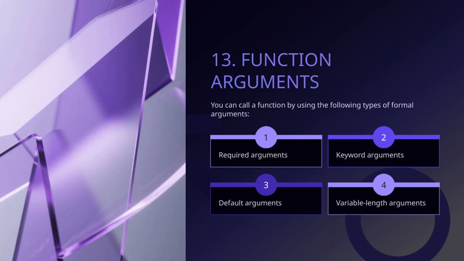Next up are keyword arguments, where you explicitly specify the parameter name along with its value, making your code more readable and flexible. Lastly, we have variable length arguments, which allow you to pass an arbitrary number of arguments to a function, useful when you're unsure how many inputs you'll need in advance. These different argument types give you a lot of flexibility in how you design and call your functions, helping you write more versatile and robust code.